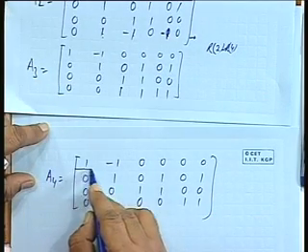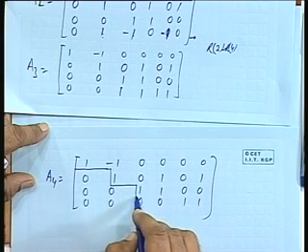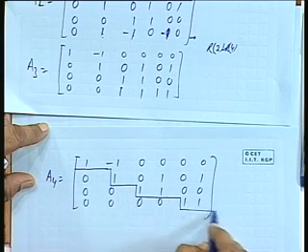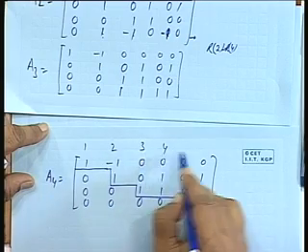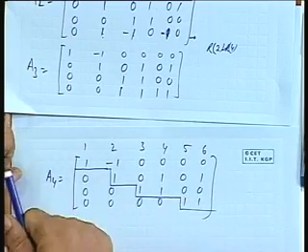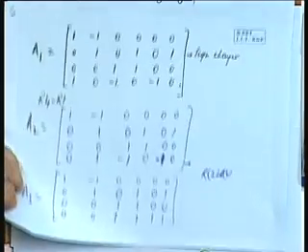So, how is that echelon structure? So, 1 2 3, 4, 5, 6.